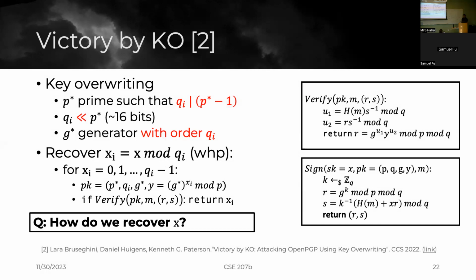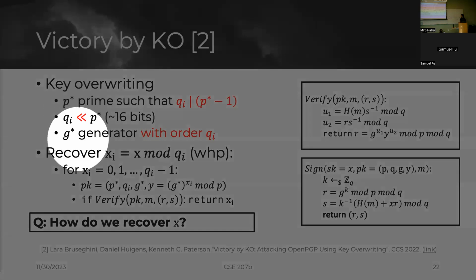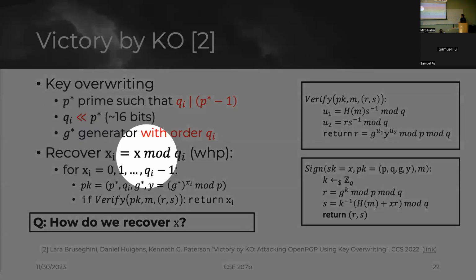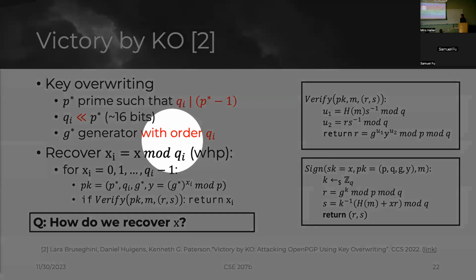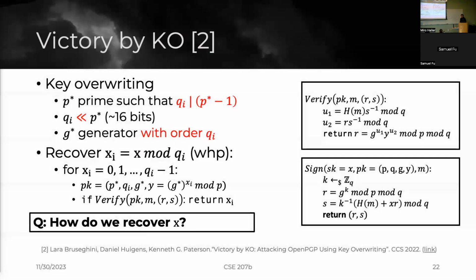So question to you. If we have a bunch of samples xi equal to x mod qi, how do we recover the full secret key x mod q, the original q? Anyone have an idea?